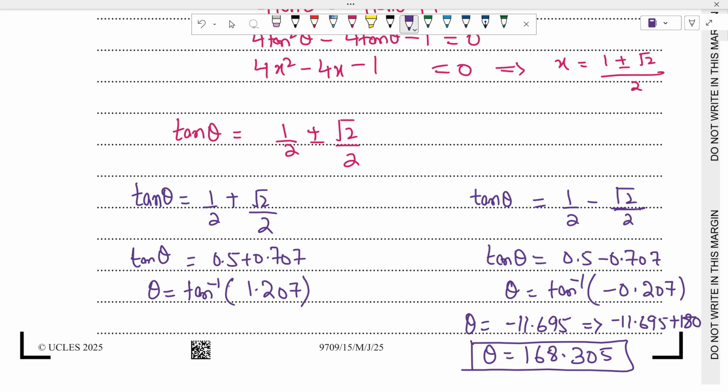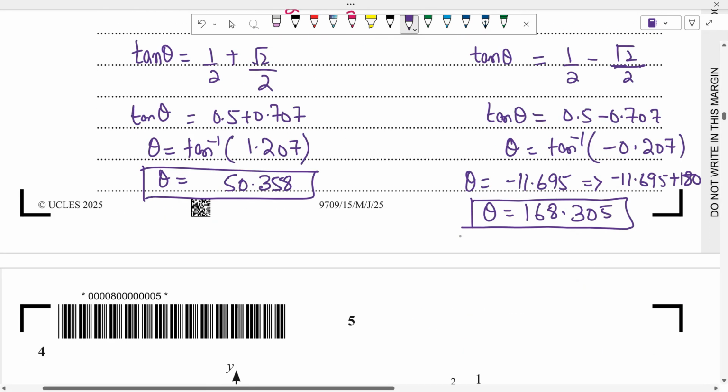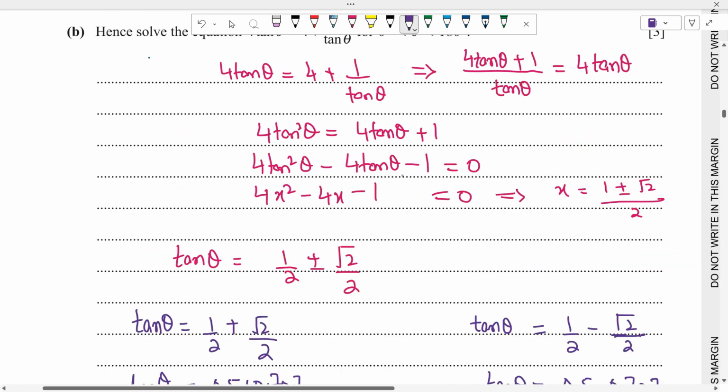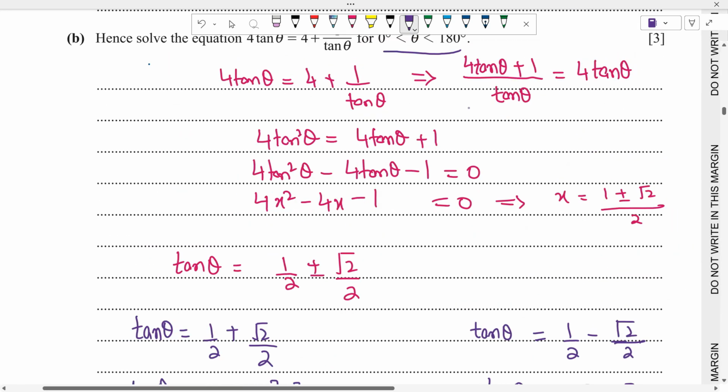Now find the other angle, and in this case we have θ = 50.358. So we have two angles, and these two angles also satisfy the given range.